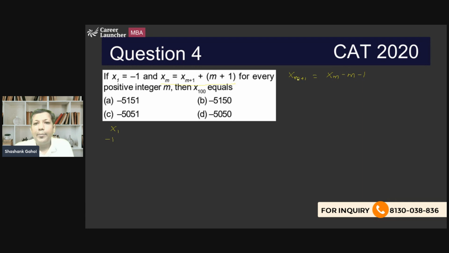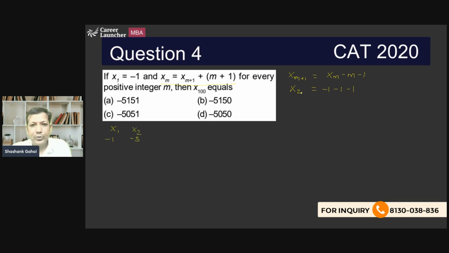I am going to put m equal to 1. So what is the value of x2? That is equal to x1, that is minus 1, minus m minus 1 with m equal to 1, so x2 comes out to be minus 3.